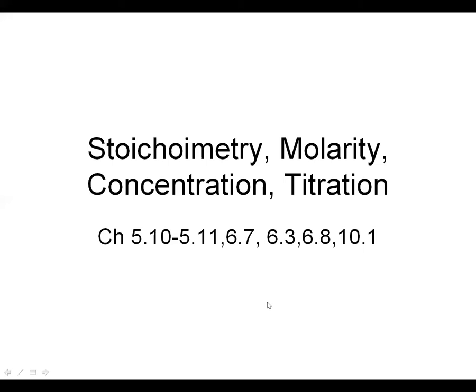Basic stoichiometry problems allow you to figure out a lot of things. All you need is typically the balanced equation and one piece of information about a reactant or a product. That one piece of information will allow you to figure out the moles of it.